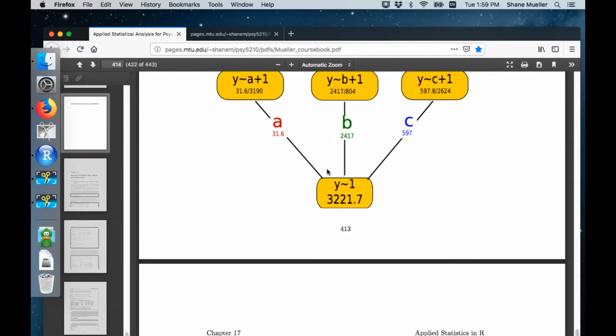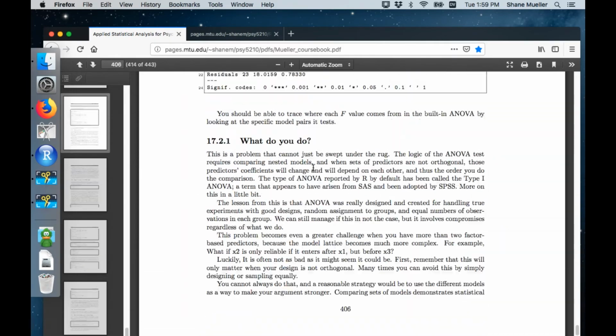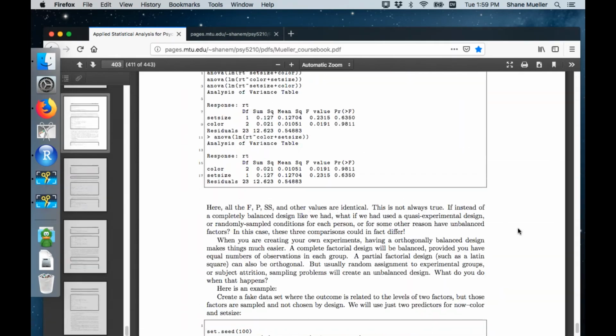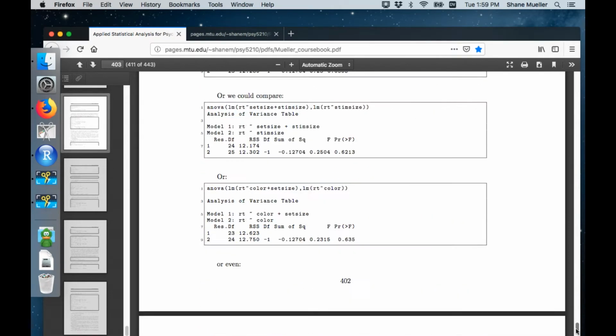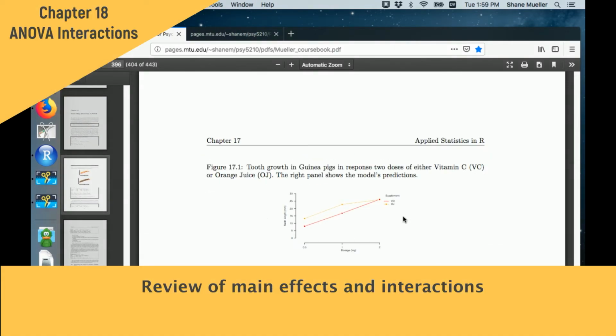And let me back up just a little bit, because in the previous chapter we looked at the tooth growth data.